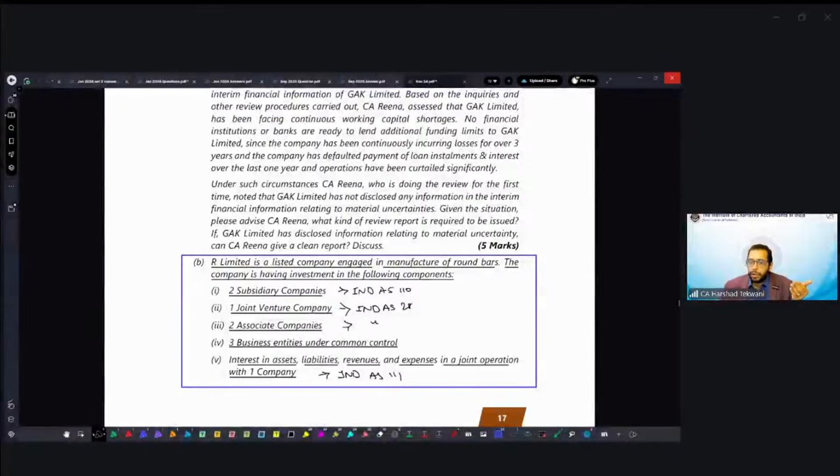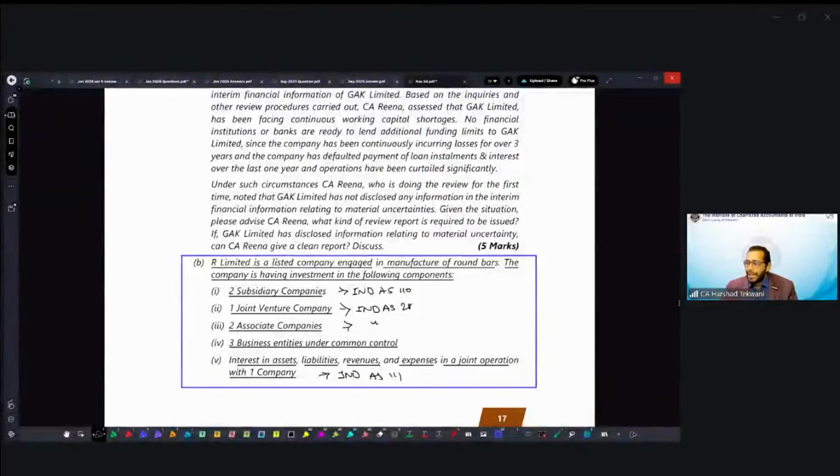So in this particular scenario, applying Ind AS 110, adding line by line, is not appropriate. There is one more Ind AS that I need to think of, which might be applicable in this scenario. Can anyone tell me which Ind AS I'm talking about?